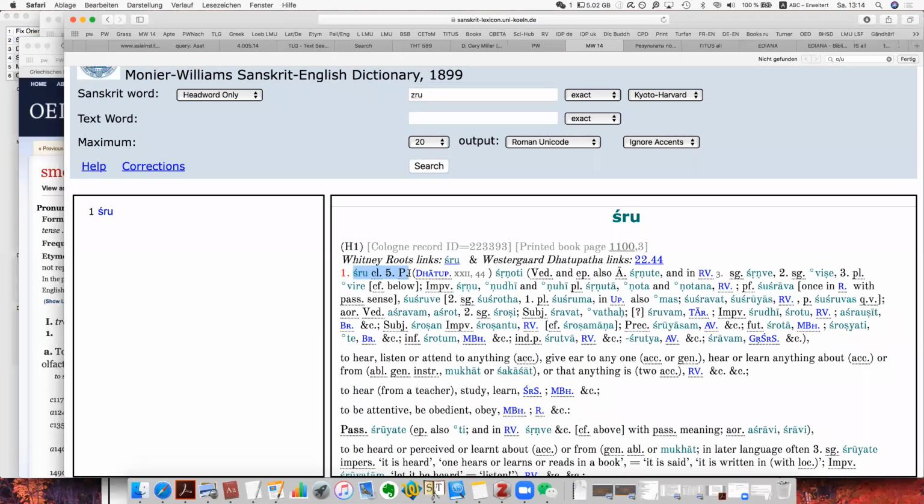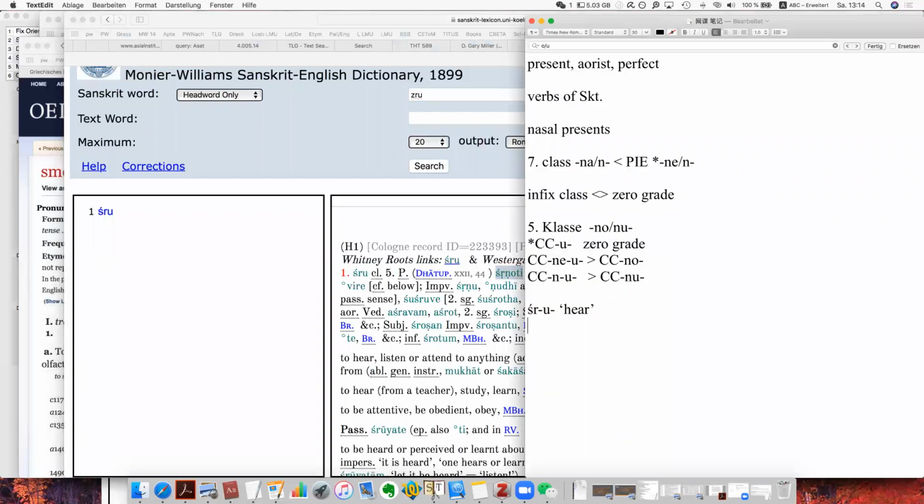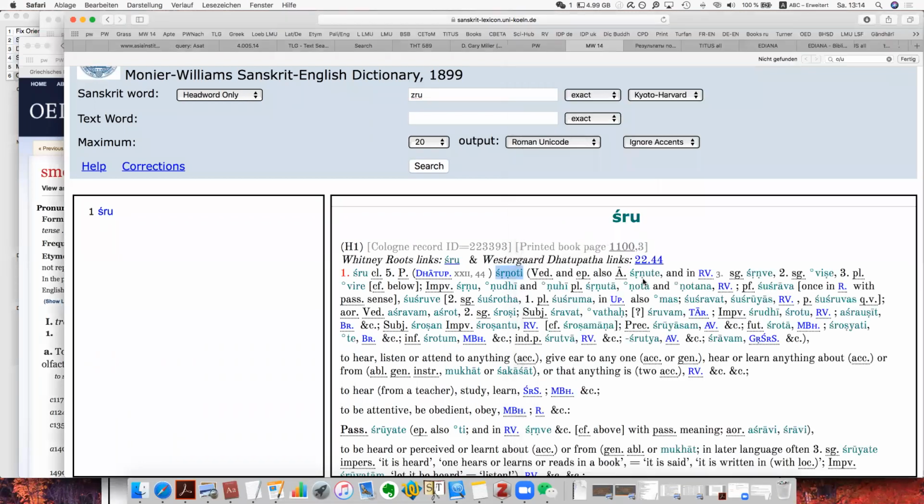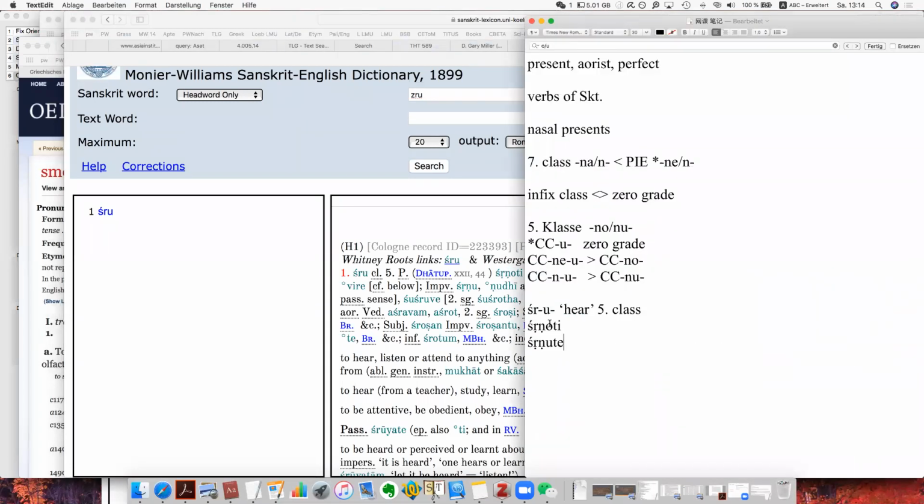In the Sanskrit grammar it's the fifth class because it has the present form like this. This here is active, and then this is middle, and this is middle, right?